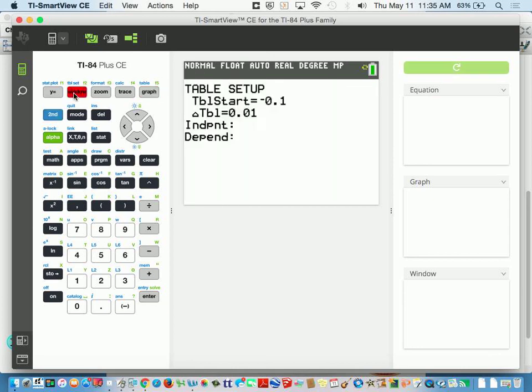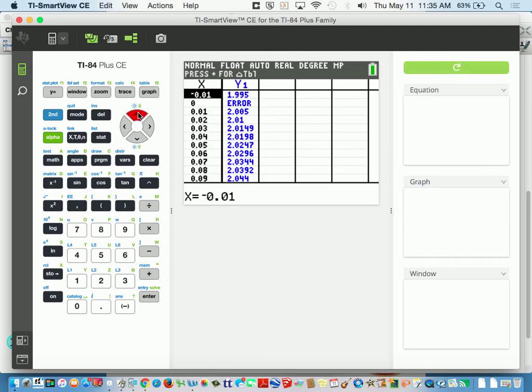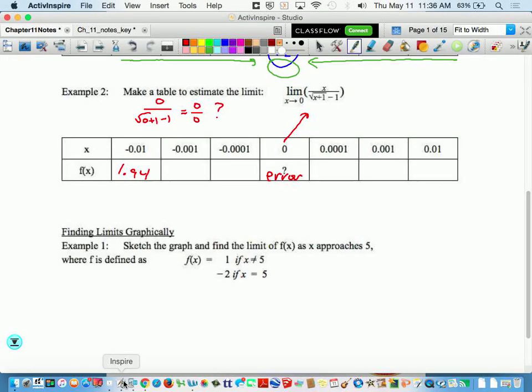Oh, and I forgot to start. You always put the number you approach as your starting value, so on either side of it, and then you switch to the next. So this one actually turned out to be 1.995, and this one was 2.005.